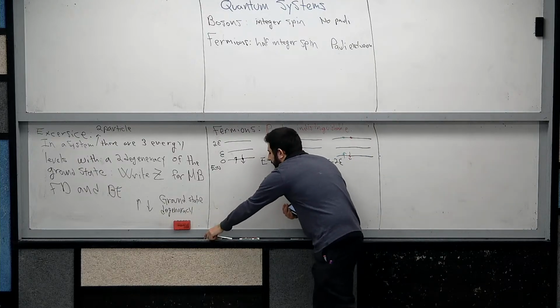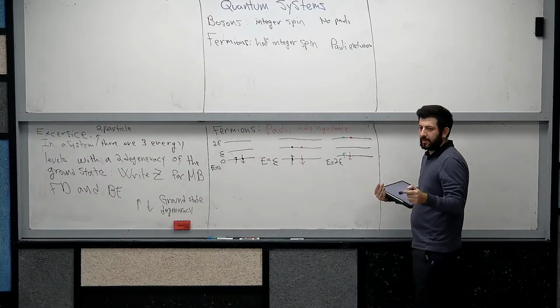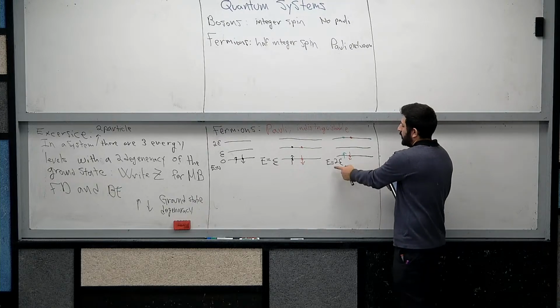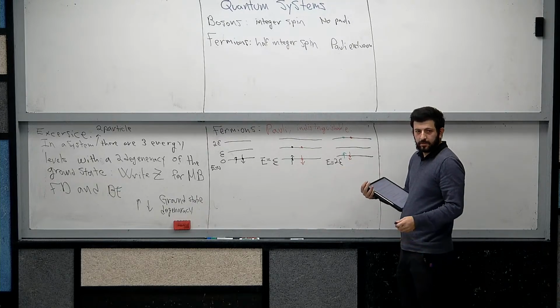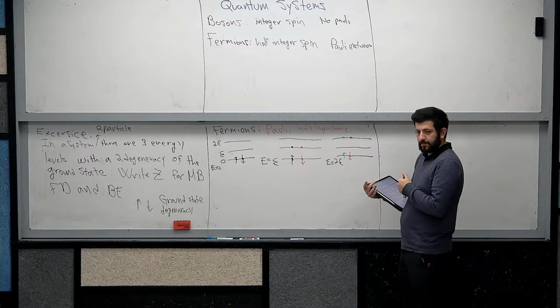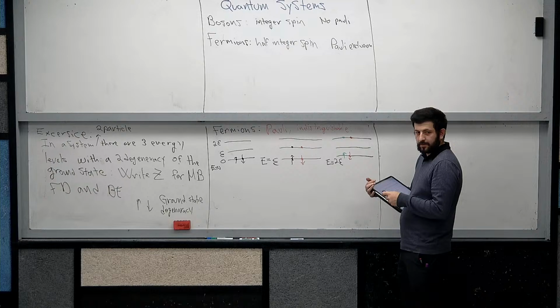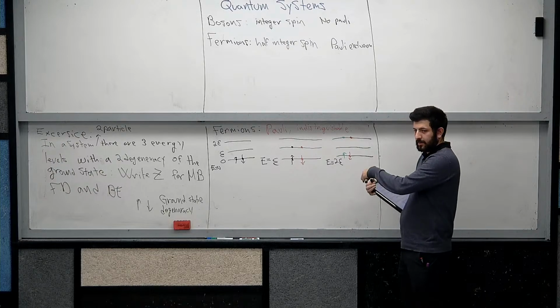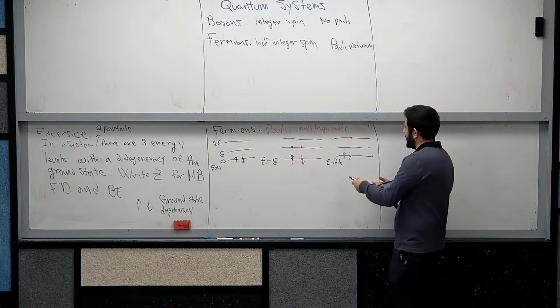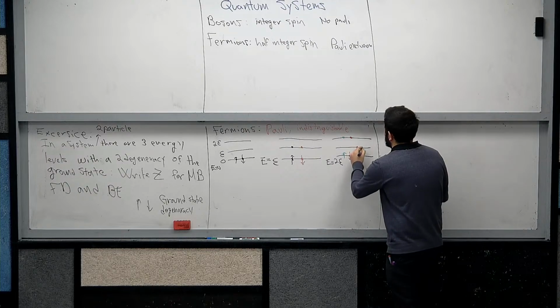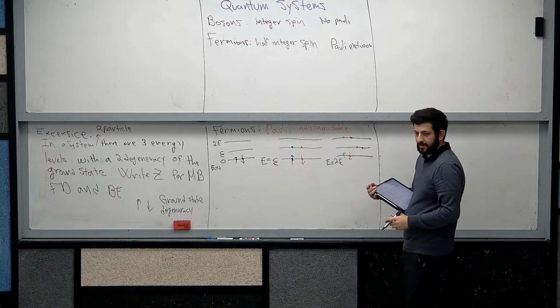And can we have any other state here, or are these all the possibilities that give us two epsilon energy? Right? We can have a state that has two particles with energy epsilon, right?